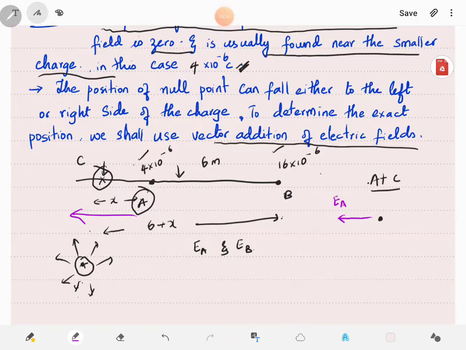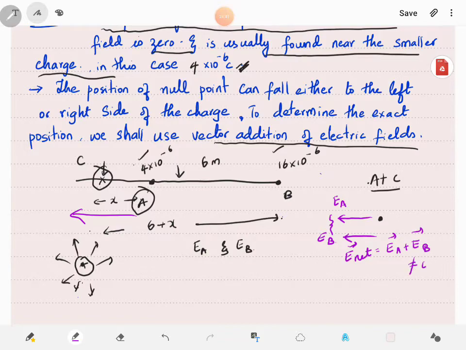Similarly, what is the direction of electric field due to B at point C? Because B is also a positive charge, the electric field will be pointing to the left hand side itself, away from charge B. So the net electric field, because the directions of the electric fields are in the same direction here, is EA plus EB. Can this ever be 0?